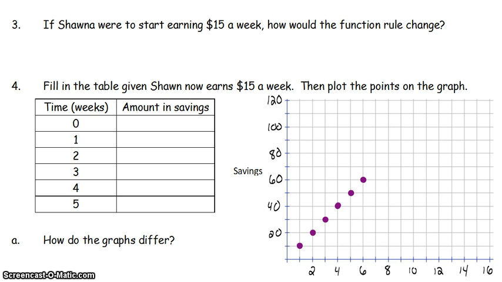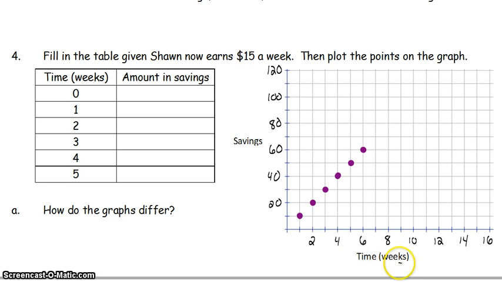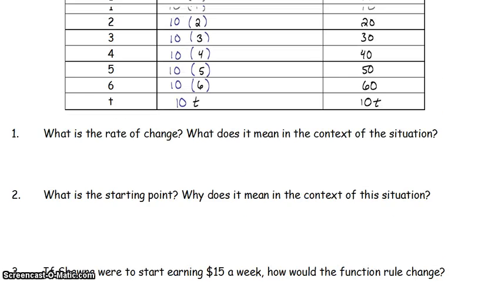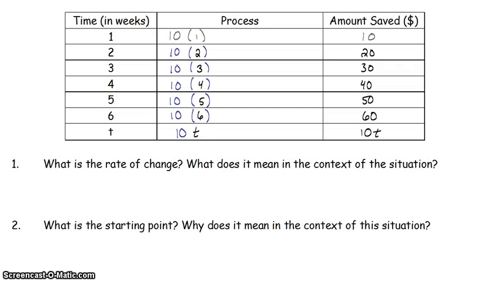Okay, so depending on how you scaled your graph, it should look something along these lines. 1 week, $10, 2 weeks, $20, and so on. So we look back up at number 1. They ask us, what is the rate of change, and what does it mean in the context of this situation? I want to point something out here.